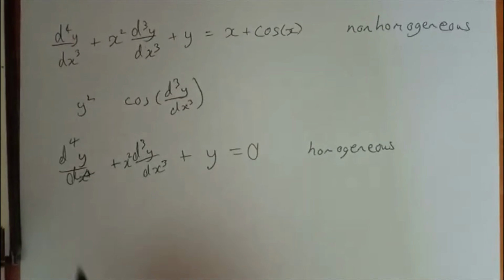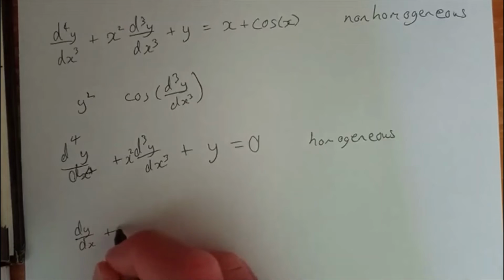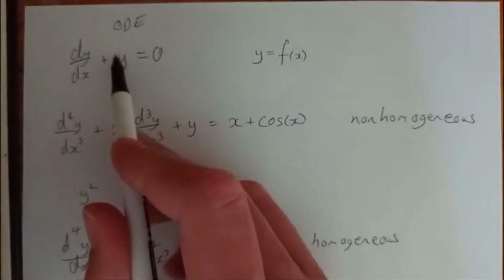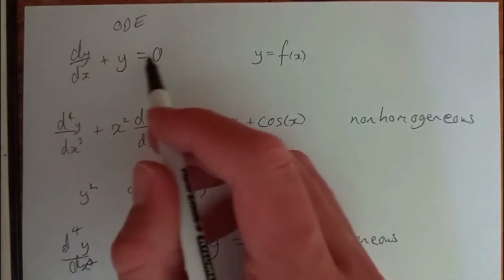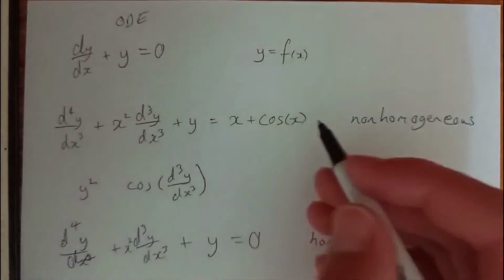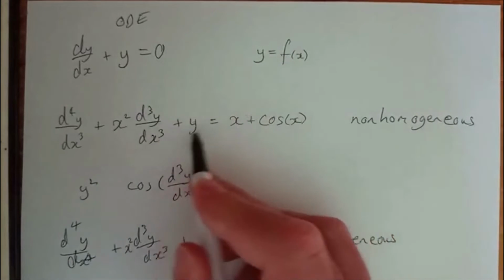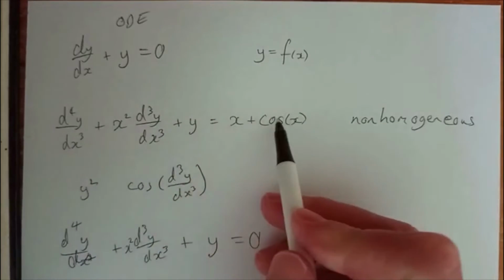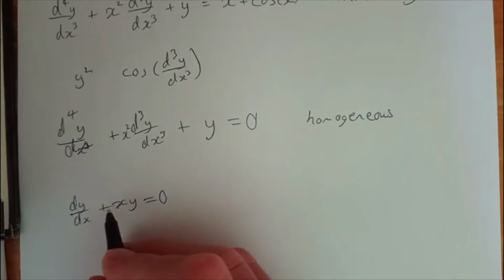Some more examples of homogeneous equations would be dy/dx plus xy equals 0. So we can add coefficients in front of these terms, and it will still be homogeneous. It's only if it contains some other term that's not y or its derivatives that it becomes non-homogeneous. So these are all homogeneous here.